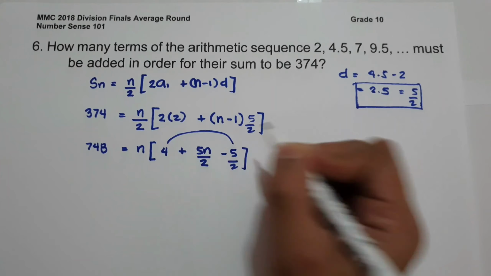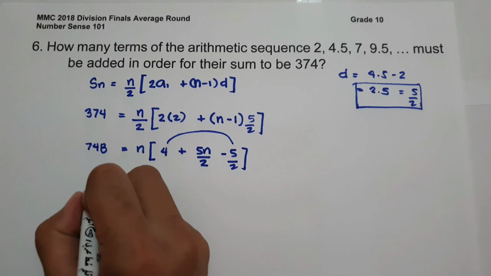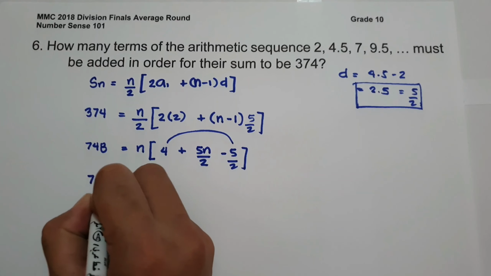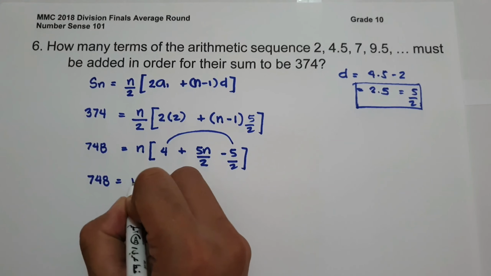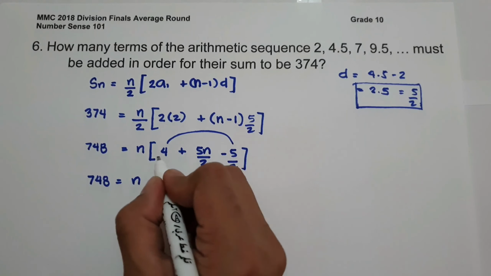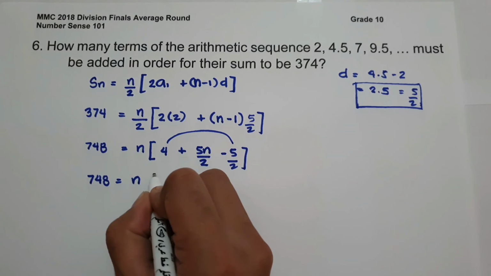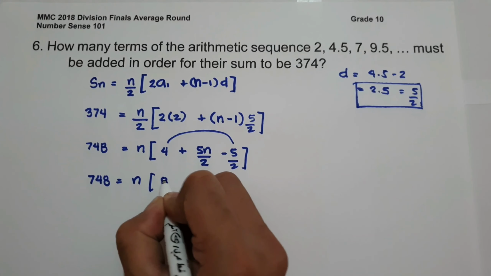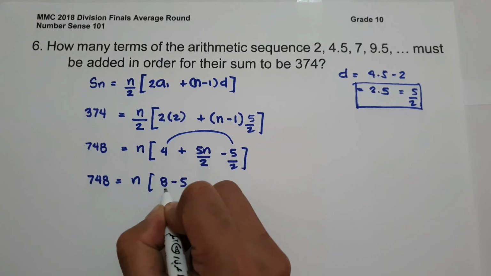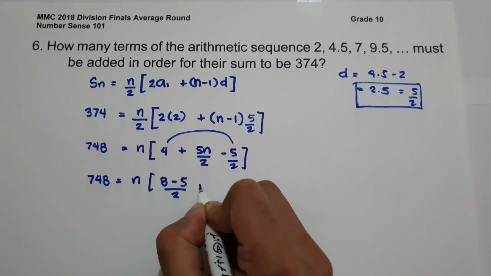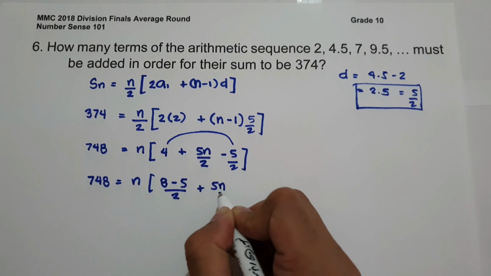Then let us have 748 equals n. And then 4 times 2, that is 8, minus 5 over 2 plus 5n over 2.